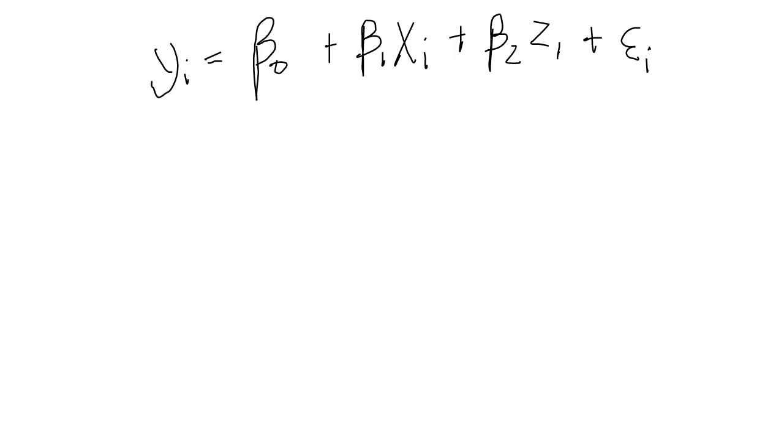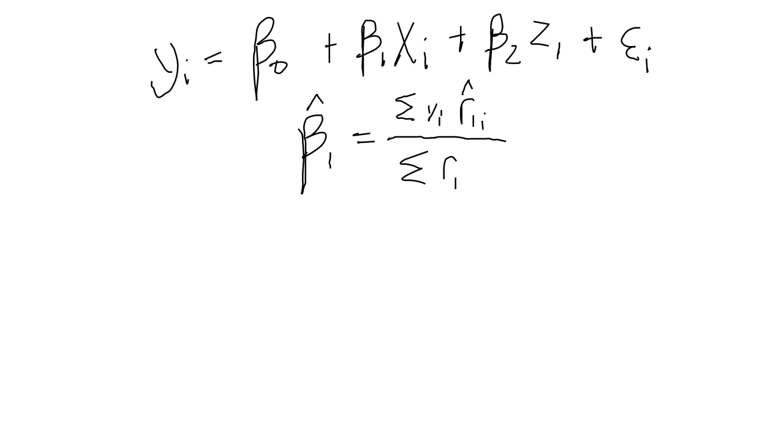And we know that the expression for the slope beta hat 1 is basically this, where this number is the residual from this regression.